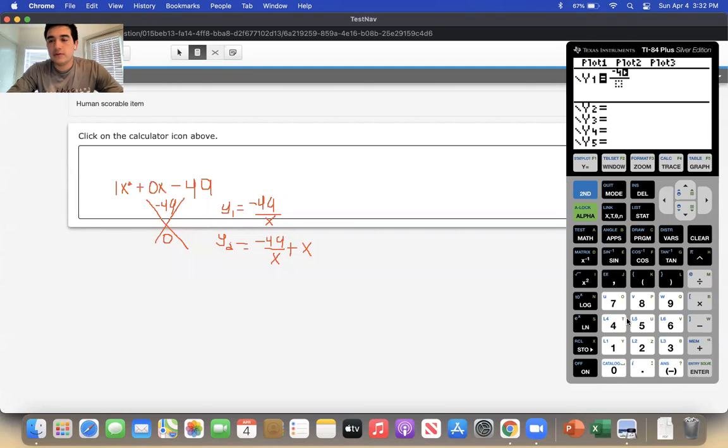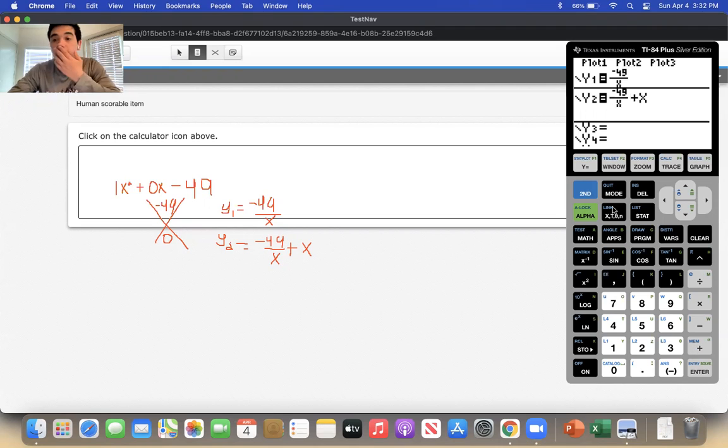So I get negative 49 over x. Scroll down, type the same thing. Negative 49, forgot to get that. Alpha y equals, now negative 49 over x, scroll over, plus x. Then we look to our table.